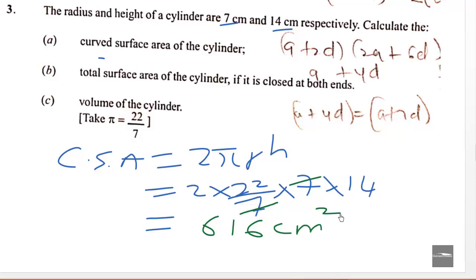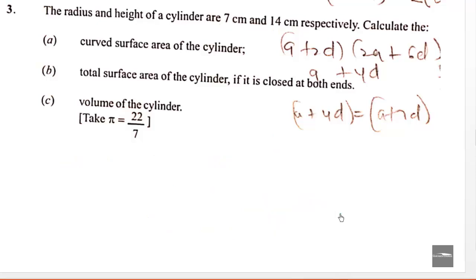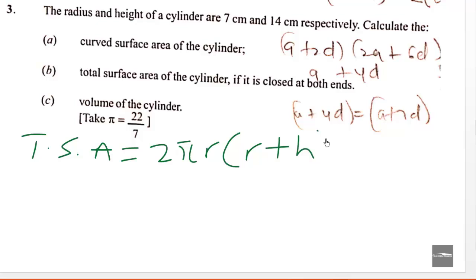Then again, we have the B part of the question. We have to calculate the total surface area of the cylinder if it is closed at both ends. So the total surface area of the cylinder is given by 2 pi r times (r plus h).